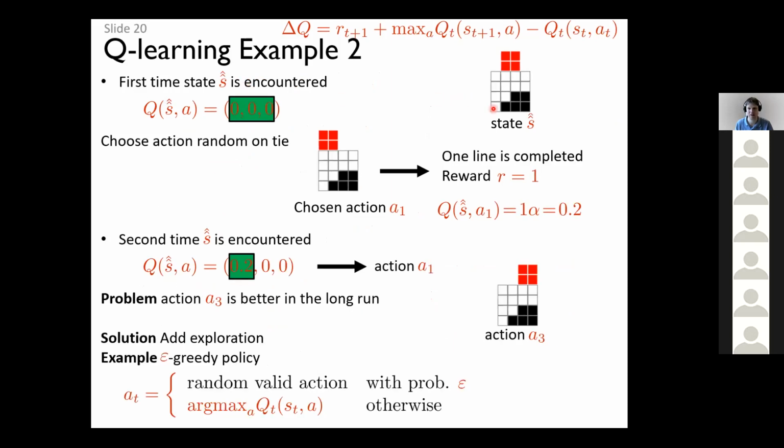Another example is if you have another state s double-hat, and initially you choose an action randomly, and you choose the left action here, and we complete one line, so we get the reward R equal to 1, and the Q matrix is updated. So now the first entry here is the maximal one, and with the algorithm on the previous page, we will always choose this action, but we haven't tested the other two.